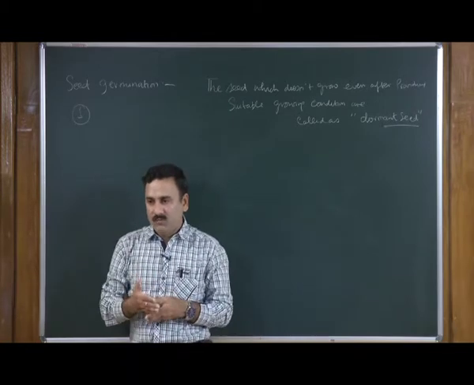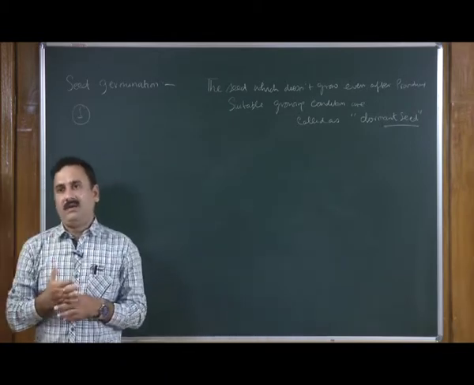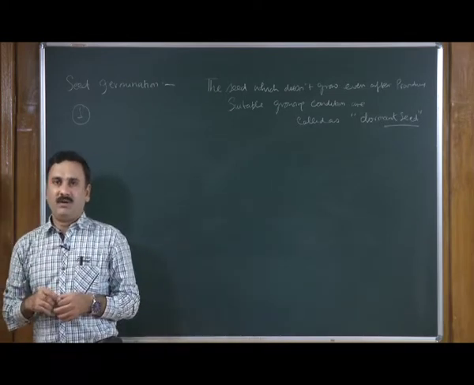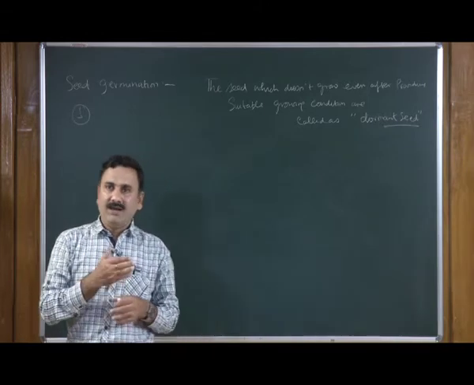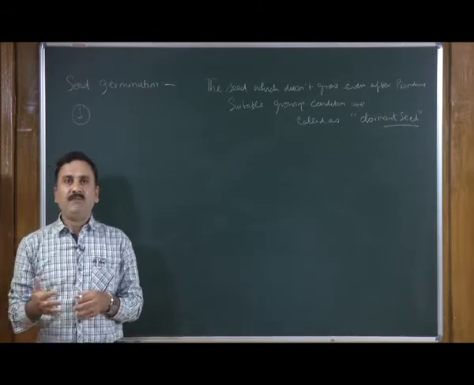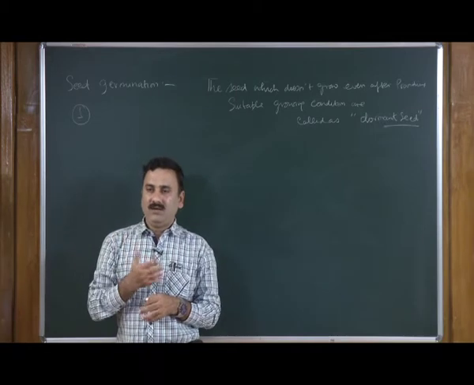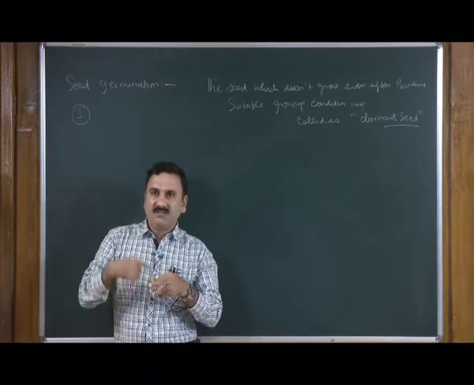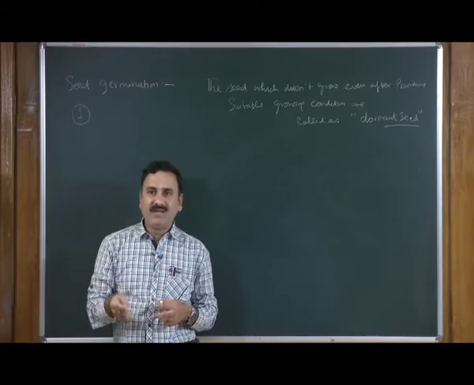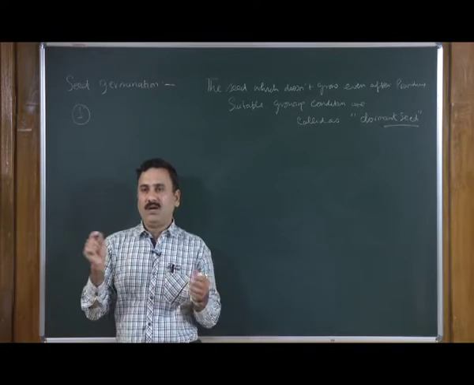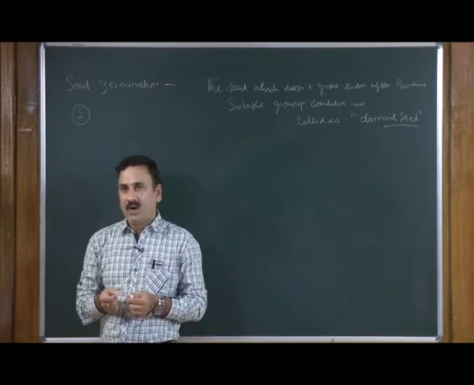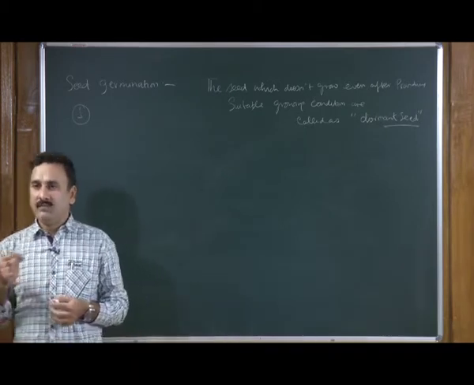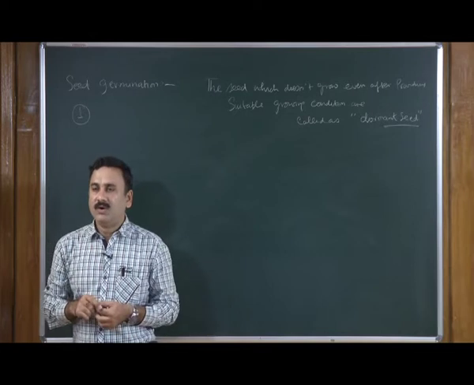Some classes of plants have evolved to have dormant seeds because they are looking for the most suitable conditions for growth, and until those conditions are present, they keep the seed in the dormant stage. Once a seed starts germinating and begins its metabolic activities, it forms the shoot and root on both ends, and if the growing conditions are not suitable after that, the plantlet is going to die.